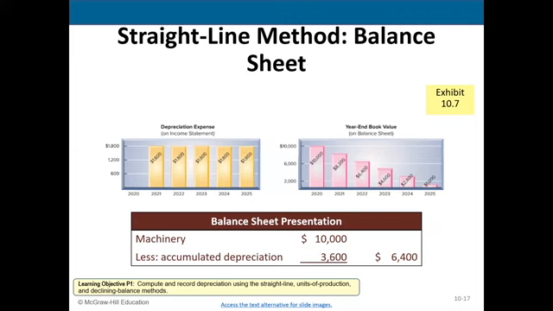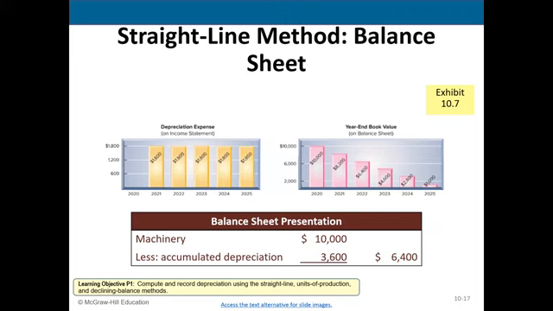The way it looks on the balance sheet is that we have machinery, $10,000. It'll always show that $10,000. But just below that line item, you're going to see another line item that says accumulated depreciation, and it's going to show a negative number.